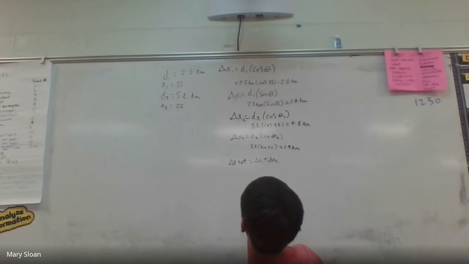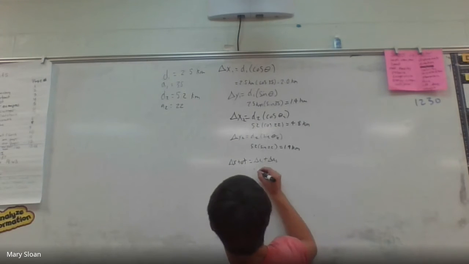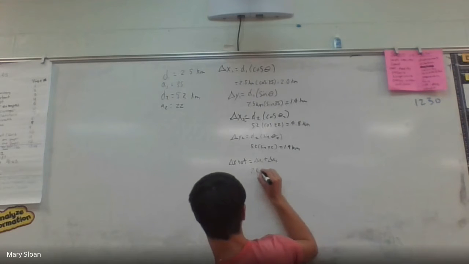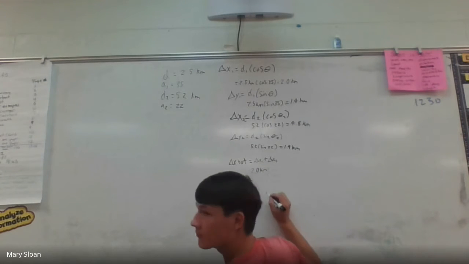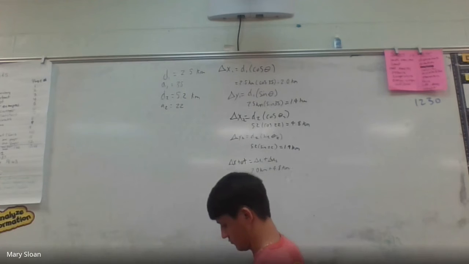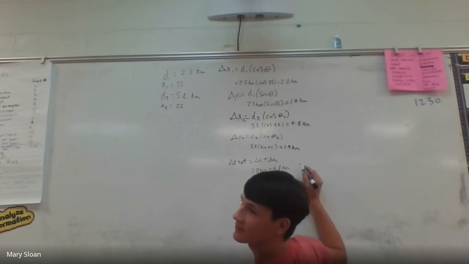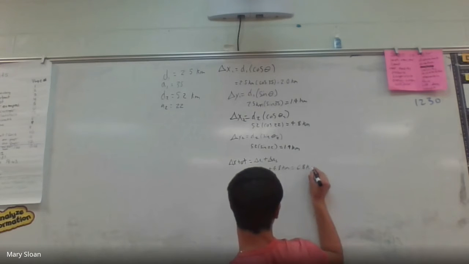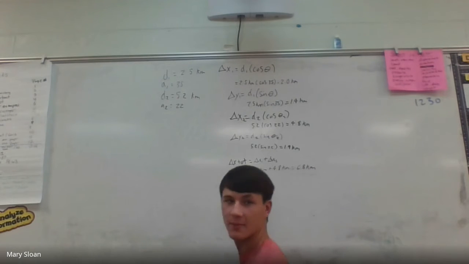Okay, so our change in X1 is 2.0 kilometers, correct? We're going to add that to 4.8 kilometers. What do we get? 6.8. Yeah. Now we're going to do the change in Y total, please.